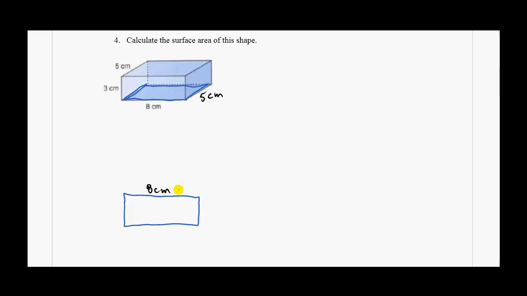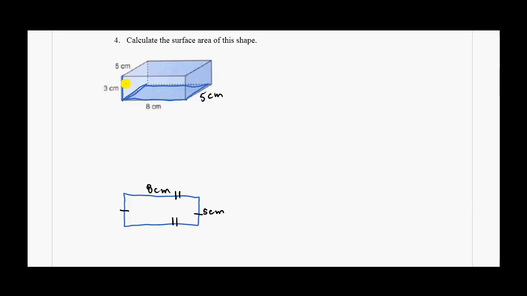This is 8 centimeters. This is 5 centimeters. To show that sides are equivalent in sketches, we can use hash marks. The single hash marks will indicate the 5 centimeter side, and double hash marks will indicate the 8 centimeter side. And that's arbitrary.